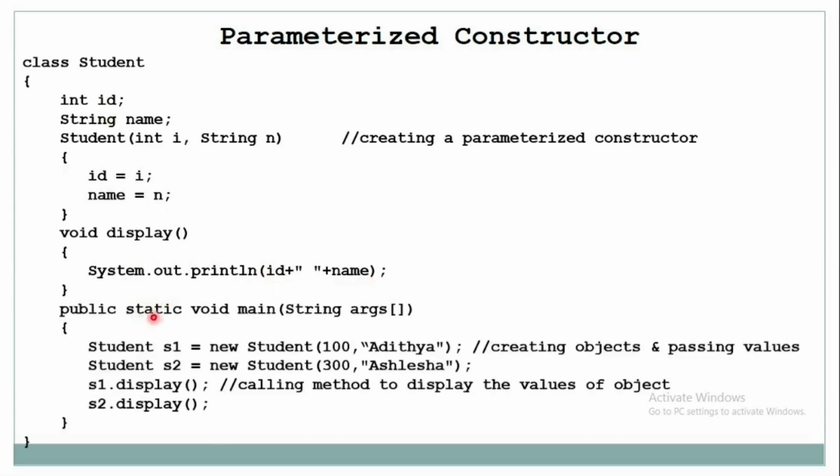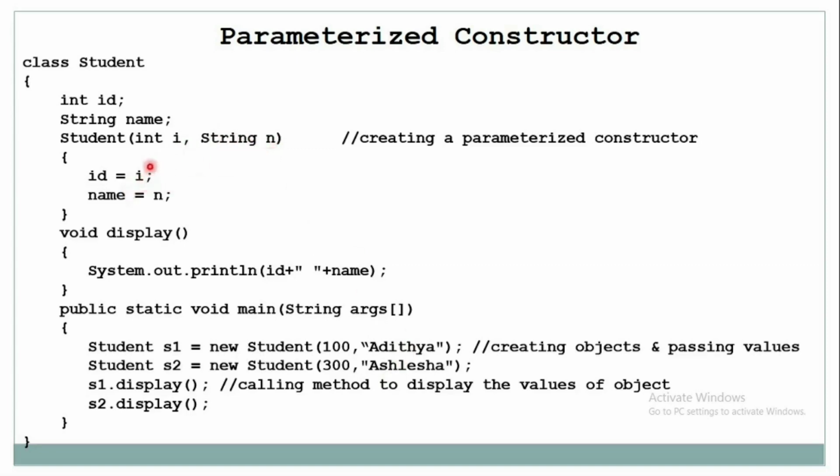So here is the main function. I've created two objects here, object s1 and object s2. New Student 100 comma Aditya. I'll be passing these two parameters to this constructor. Here i is nothing but 100 and n is nothing but Aditya. String n is nothing but Aditya.